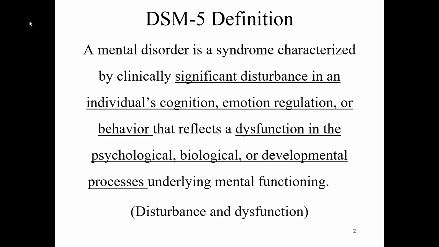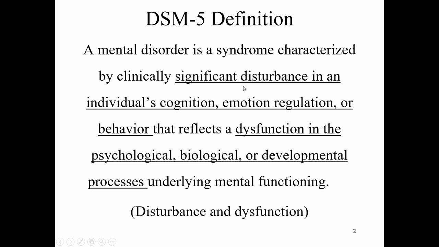We'll talk a little bit more about DSM-5 after we've looked at the definition and some basics. So DSM-5 then indicates that a mental disorder is a syndrome characterized by clinically significant disturbance in an individual's cognition, emotional regulation, or behavior. Let's take just that much and take it apart.